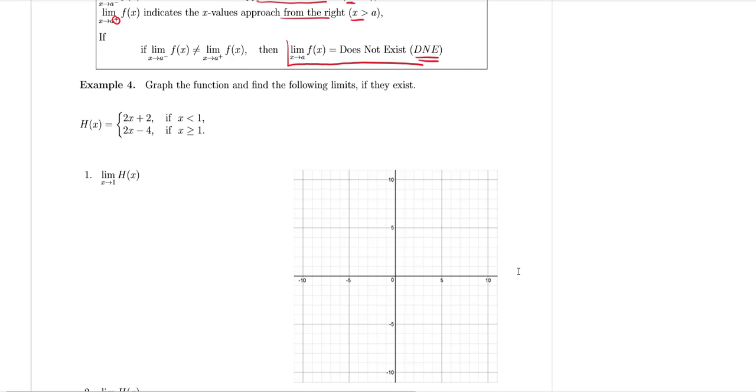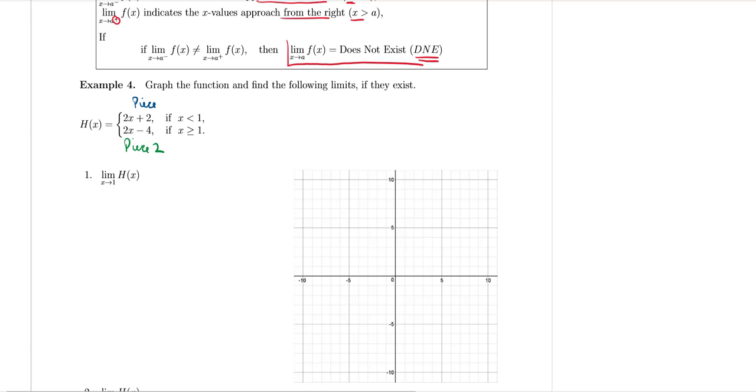All right, so we're seeing here a piecewise function, and we want to find out what is the limit of h of x as x approaches 1. Okay, now we don't know how to find limits algebraically yet, so let's actually make a graph and see if we can find the limit graphically. All right, so I'm going to go ahead and graph piece 1 and piece 2.